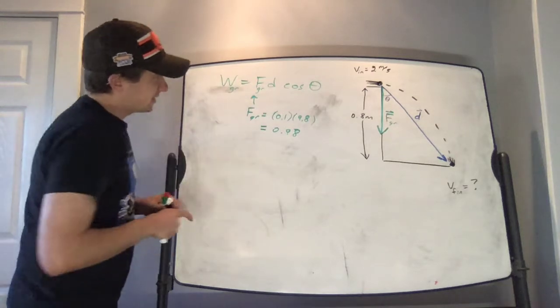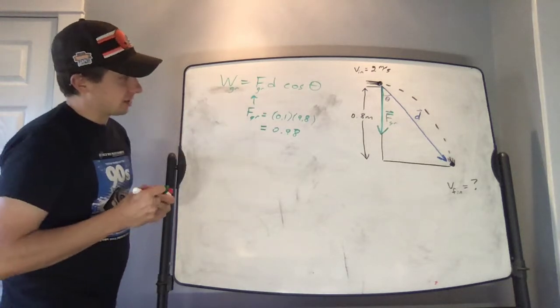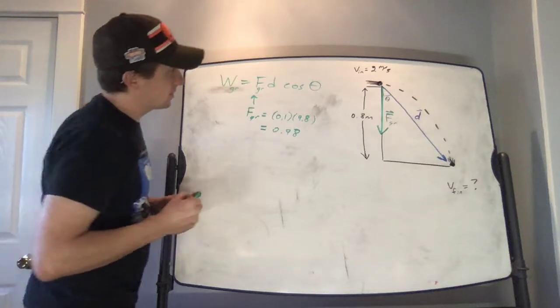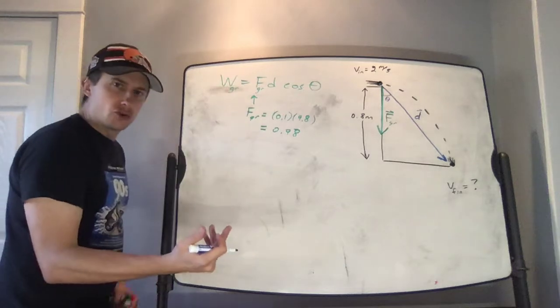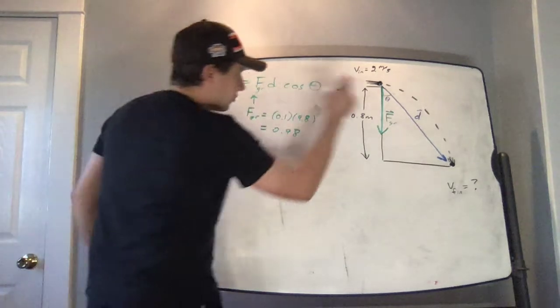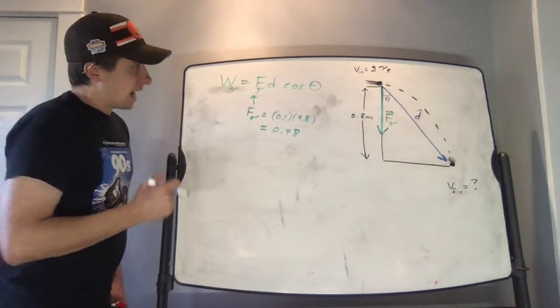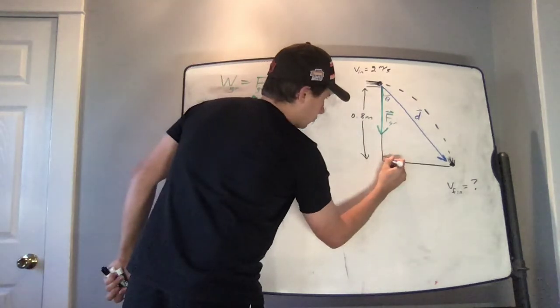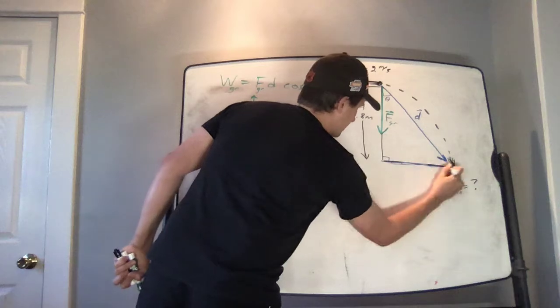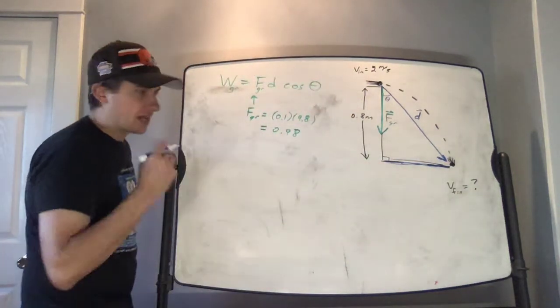However, let's look at this diagram a bit more closely. Even though I don't know d, the total displacement of the ball, and even though I don't know the angle, I still see a right triangle in this image. Here is the distance that the ball lands away from the table.